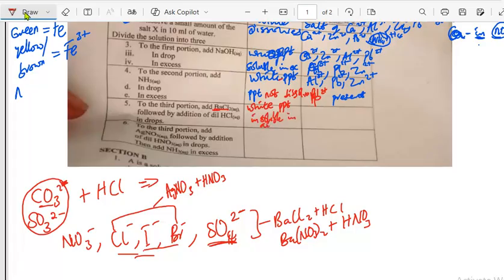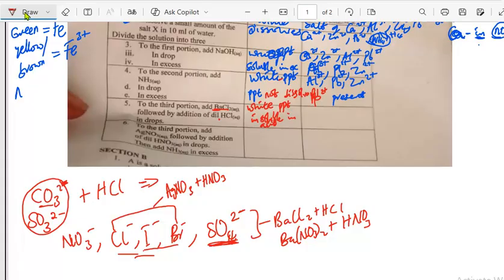in the acid. The white precipitate will form, and even though it contains acid, the white precipitate will remain. But if this is not sulfate, maybe it is carbonate, the white precipitate will dissolve because of the acid. But if it is sulfate, the white precipitate will remain.